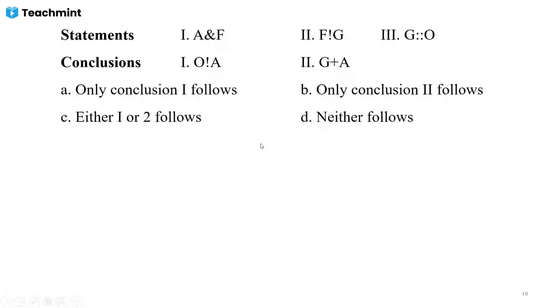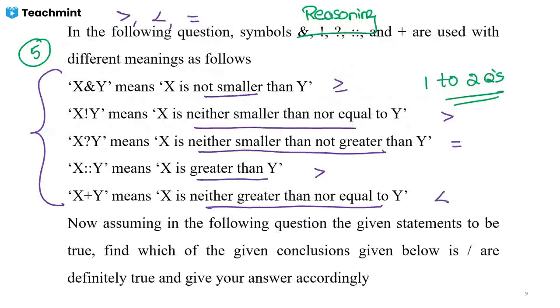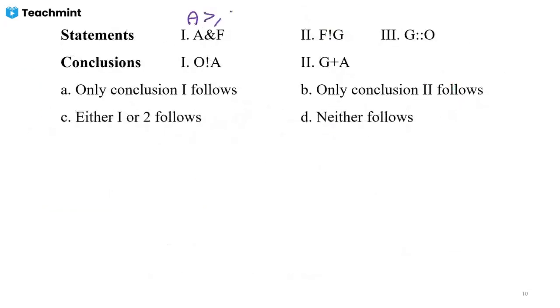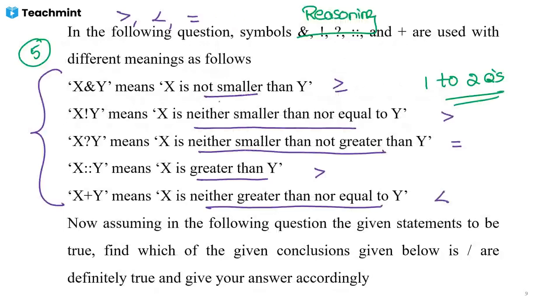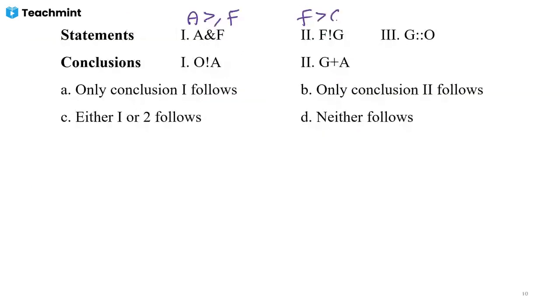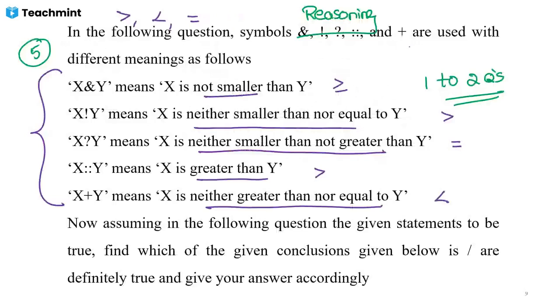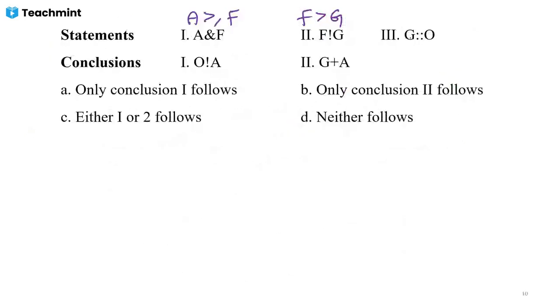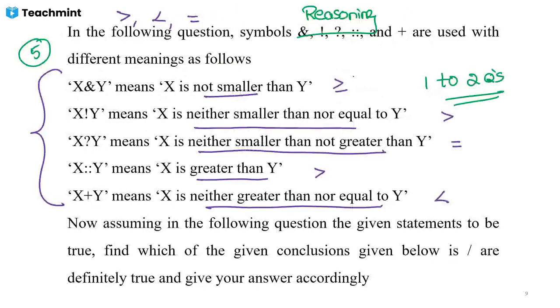Now what you have to do, come to the statements. Here, we got from above that this symbol means either greater than or equal to. The exclamatory symbol is nothing but greater: F greater than G. This two-colon symbol is also greater: G greater than O. Here, O greater than A. Plus means less than.